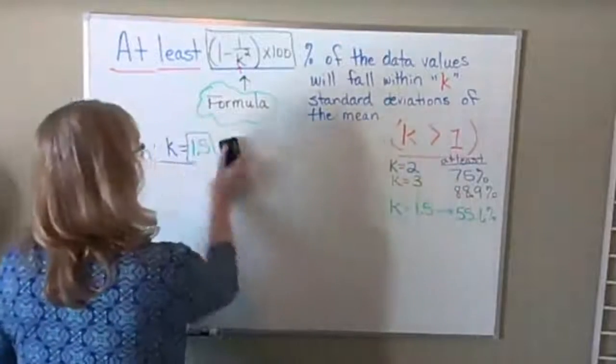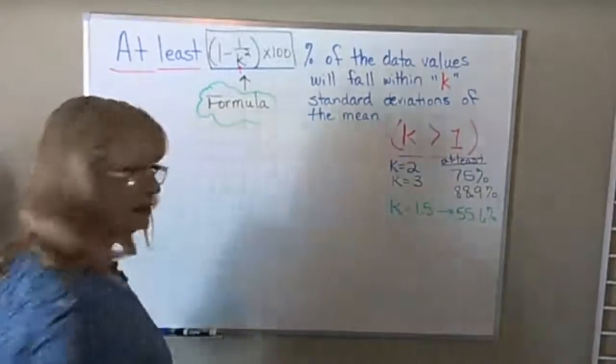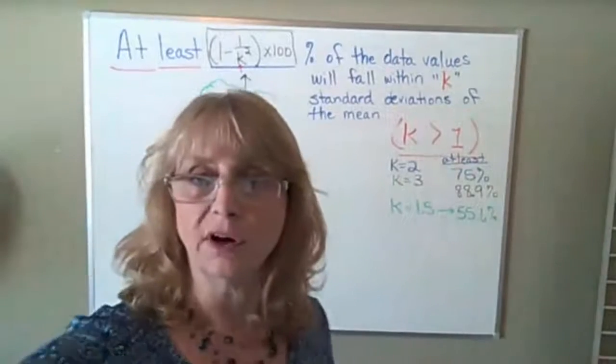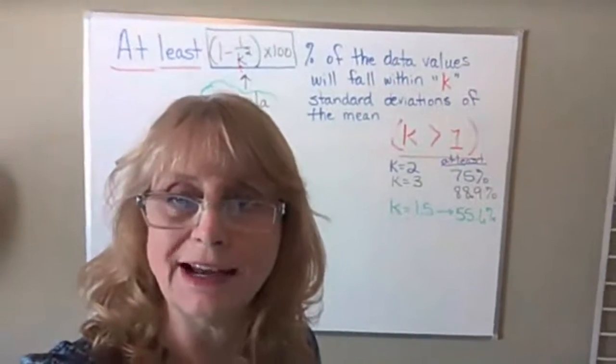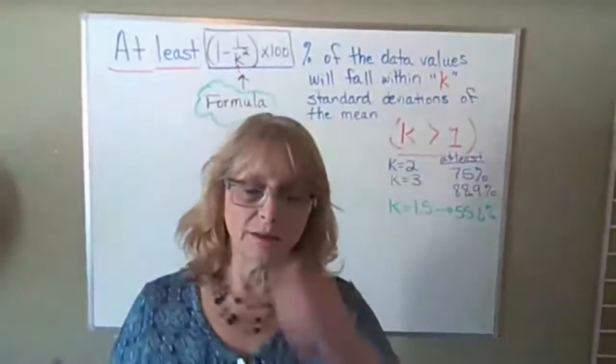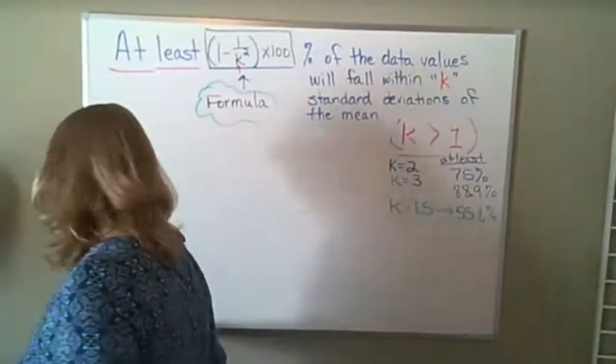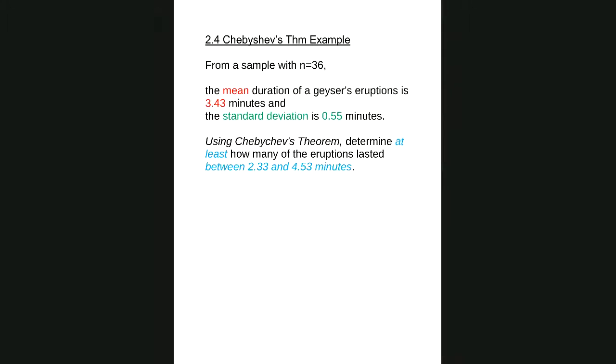So I'm going to leave those up here, and we're going to look at an example problem that you're going to have in your homework. So I'm going to put it up here. Here's an example problem from your homework. And while I'm reading this to you, I'm going to write the important information on the board.